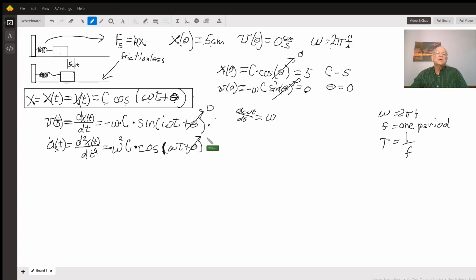We're going to put 0 here and 0 there, so the thing simplifies, and c then becomes 5. So we can erase c here, and we can finalize our answer given the amount of information we have. This is our final answer for x, dx/dt, and d²x/dt², or x, velocity, and acceleration.